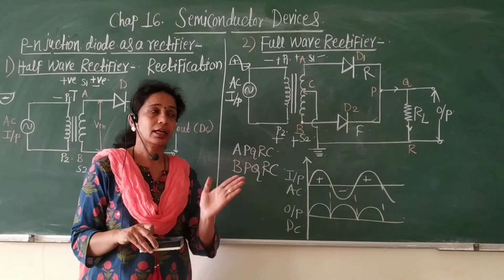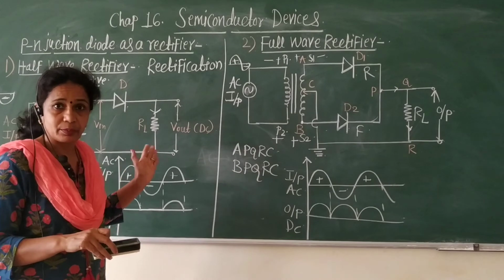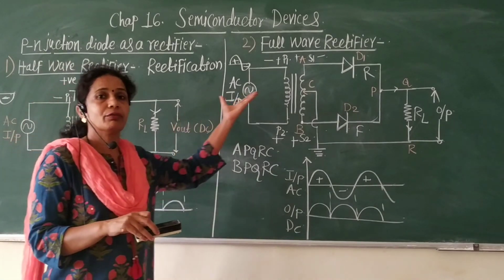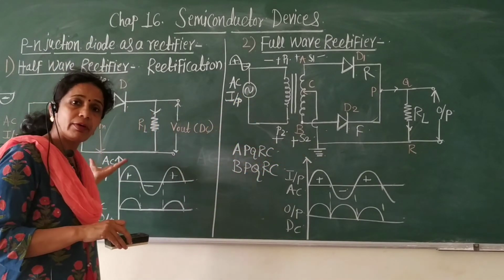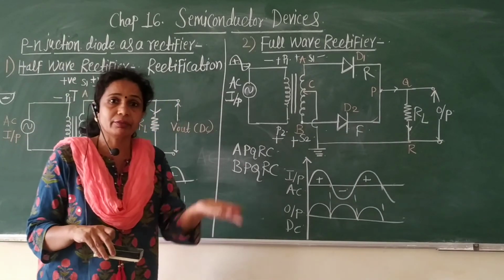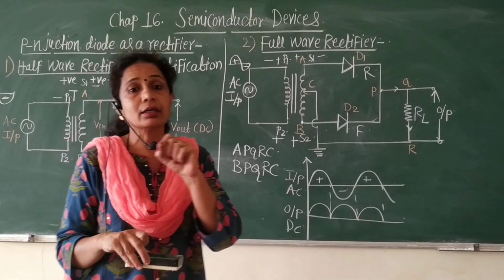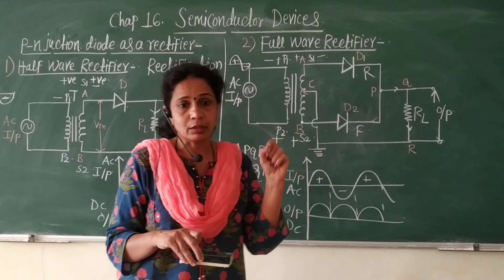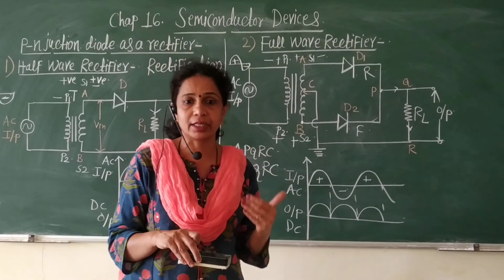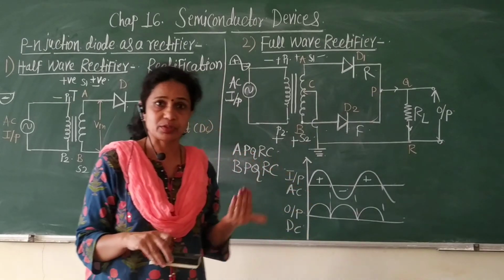Okay, and there are two types, half wave rectifier and full wave rectifier. In a half wave rectifier, at a time only half the wave is rectified. Therefore, it is called a half wave rectifier, and current flows through the load resistance in the same direction for alternate half cycles.